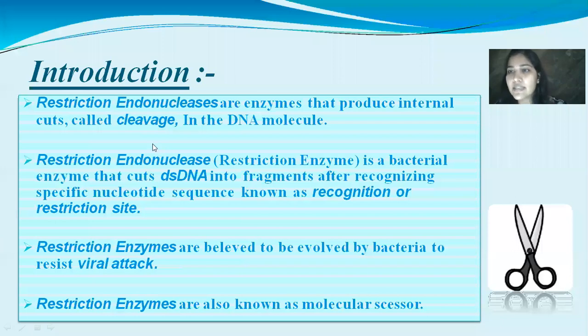So restriction enzymes, first of all, this definition tells you, are derived from bacteria. They are of bacterial origin. And secondly, they can cut at specific sites, and those sites are known as the restriction site or the recognition site. It depends on which bacteria you have derived that enzyme from and which site it can recognize.